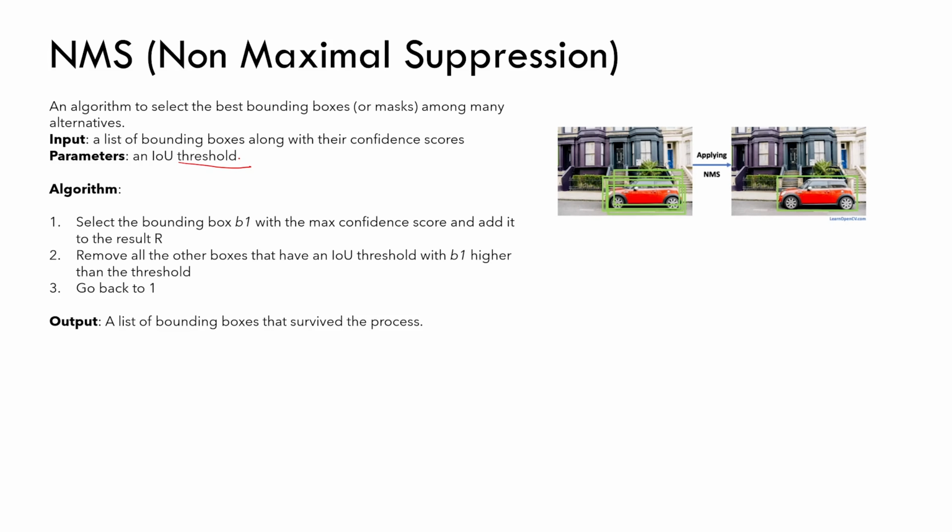This allows us to eliminate all the bounding boxes that are similar to the one we have selected. And which one did we select? The one with the highest score. Then we do this for all the remaining boxes. The algorithm is very simple, and it's also very effective.